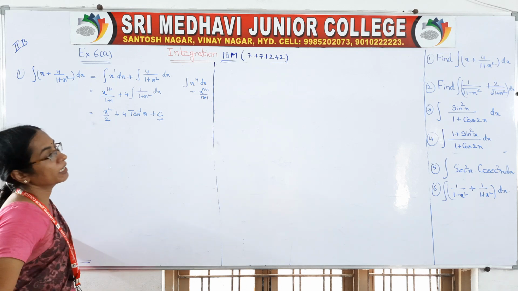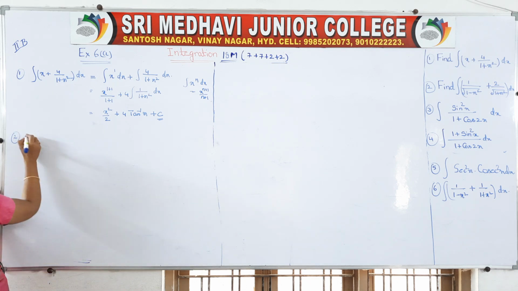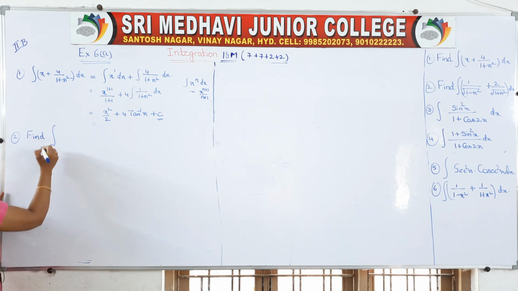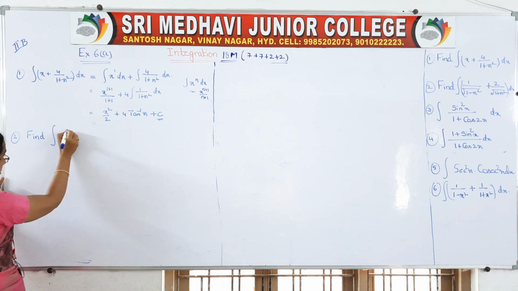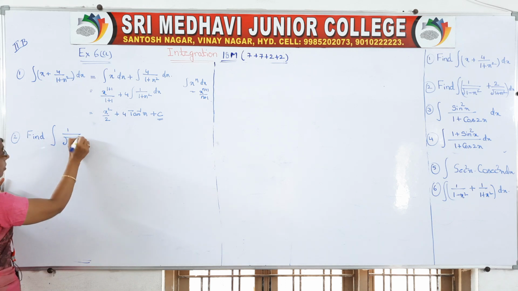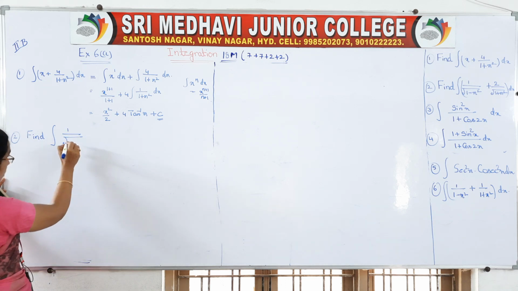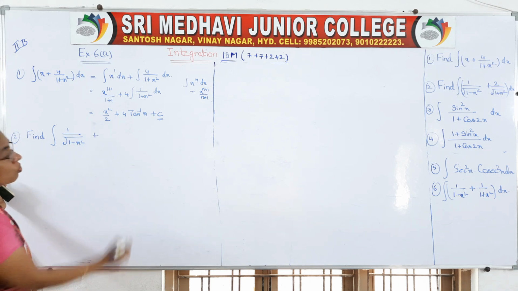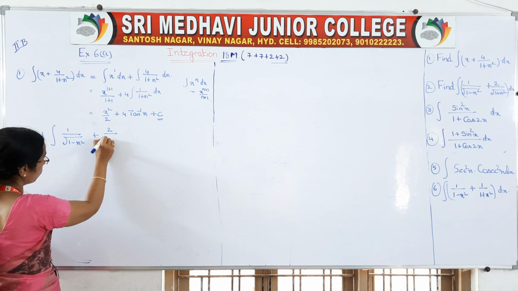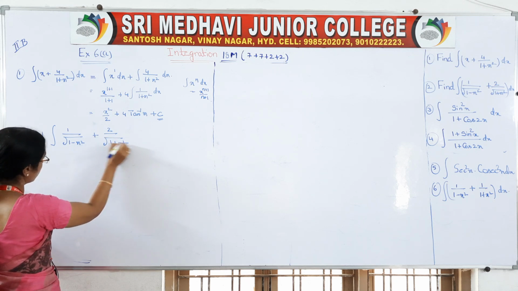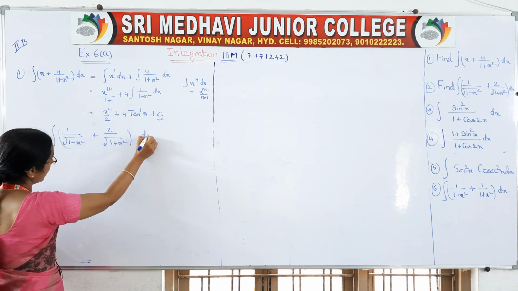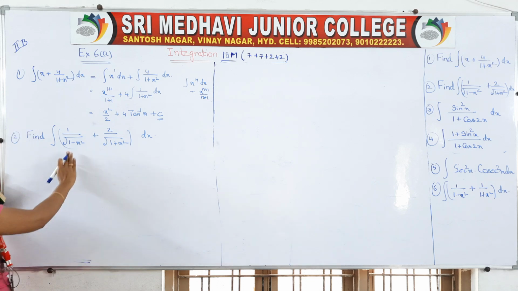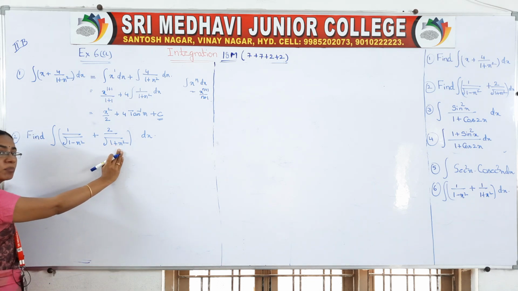Now come to the second one, find. So sometimes the problem will be directly in your standard formulae form. Sometimes we have to reduce the problem into our standard form. Integral of (1 minus x square plus 2) by root of (1 plus x square) into dx. Again observe, one term is there plus another term is there.